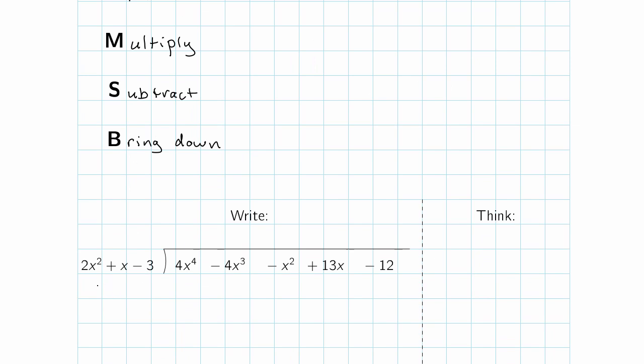We will set up our division bracket exactly the same way, with what we're dividing by outside and what we're dividing into inside. And notice we left some space between these terms inside. That's to give us room to write in. So for the divide step, we will look at just the first terms.